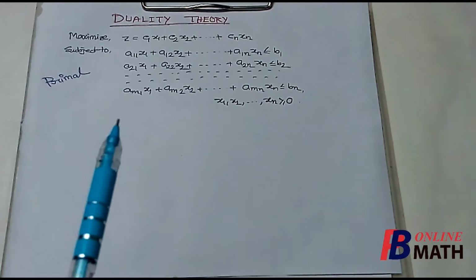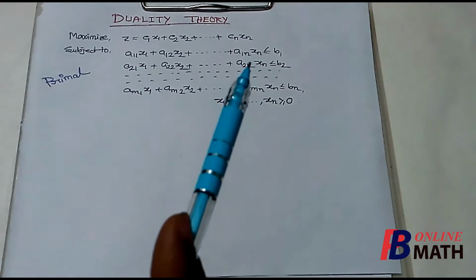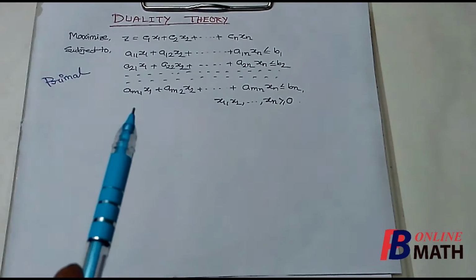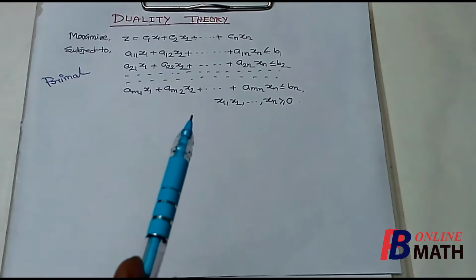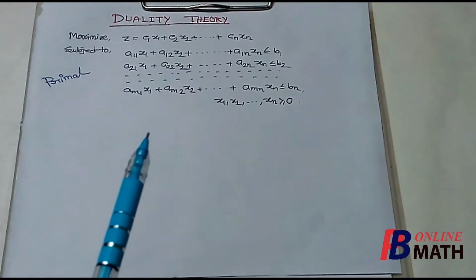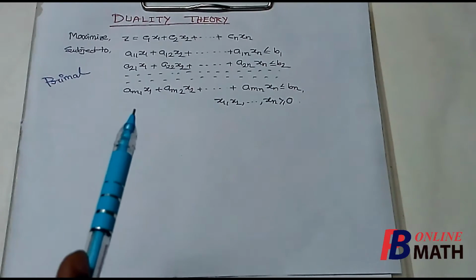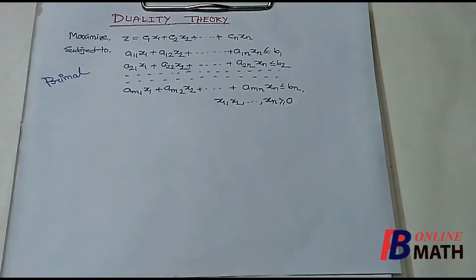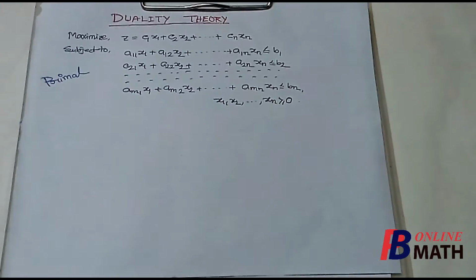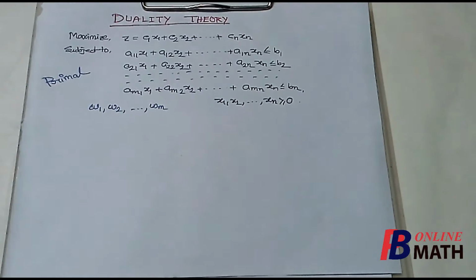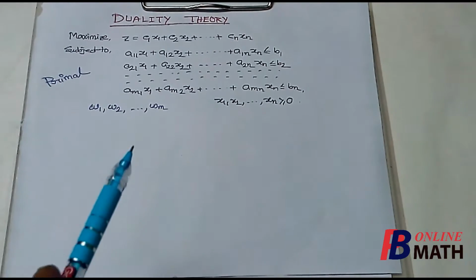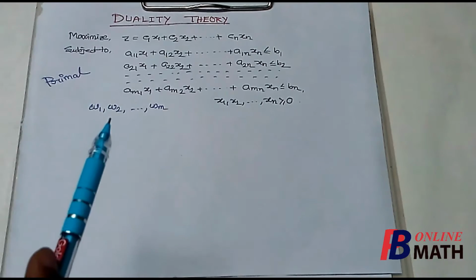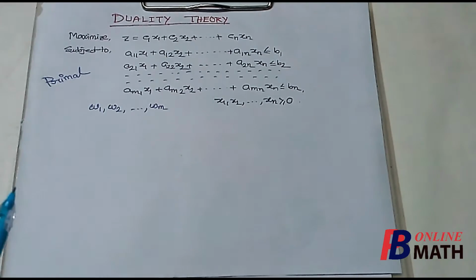Since the primal problem has n variables and m inequalities as constraints, the dual problem will have m variables and n constraints. So let us first write the dual variables. We assume that the dual variables are omega 1, omega 2 up to omega m.